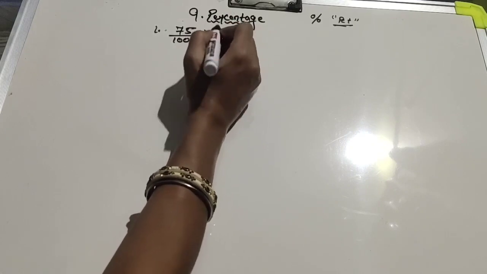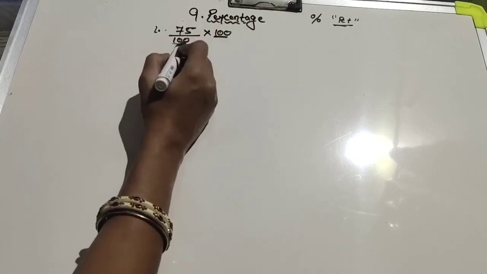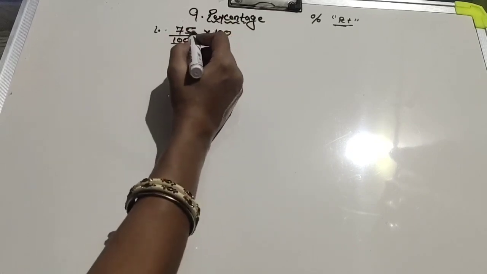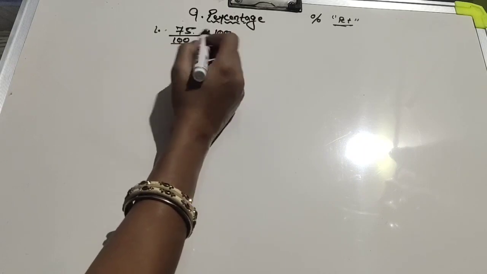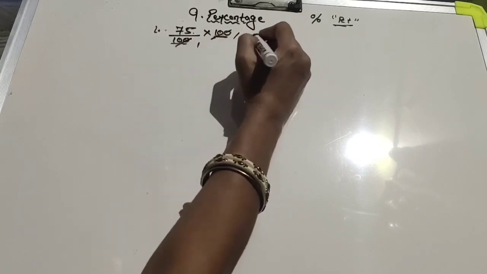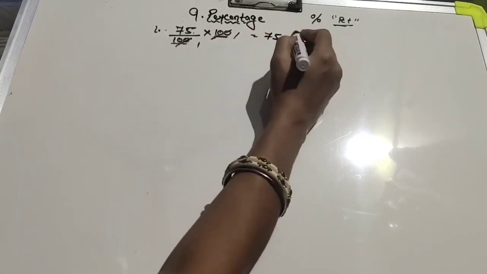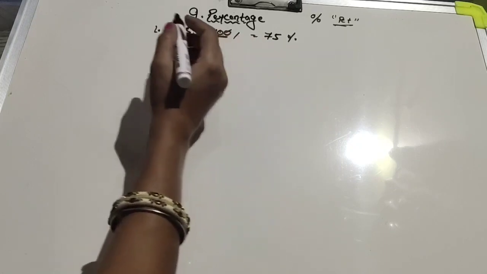So how to find out the percentage? 75 by 100 multiply with 100. 100 we will cut in the same table. Your answer will be 75 percent. Again I repeat, 75 by 100 multiply with 100, 100 we will cut in the same table and your answer will be 75 percent.